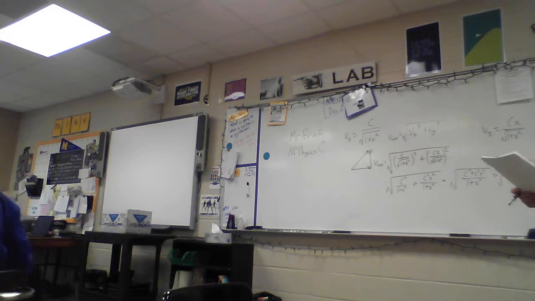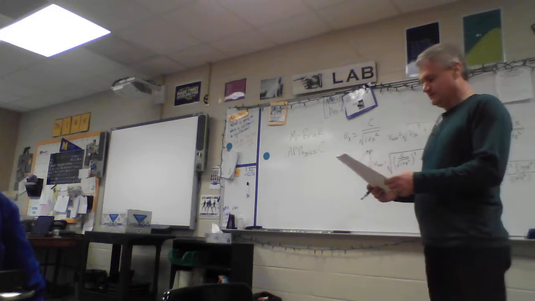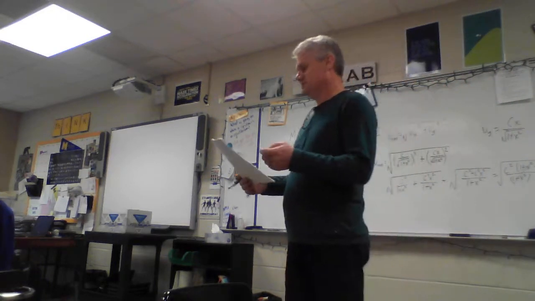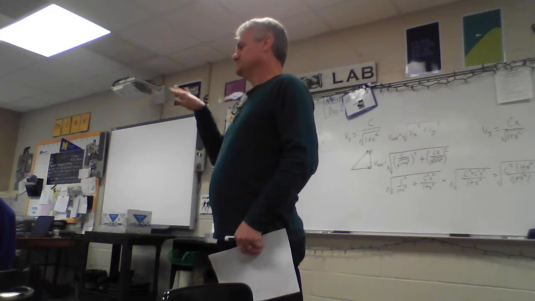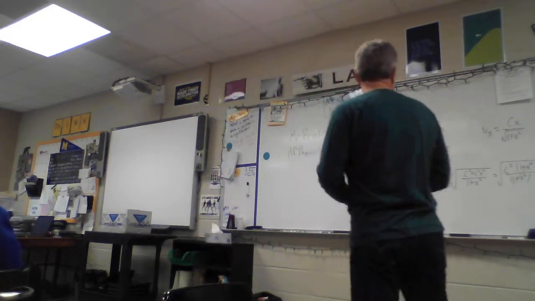Alright, then just finish this problem really quick. The velocity vector for number 2 is still going to be what? It's going to be tangent. So the velocity vector is still tangent.